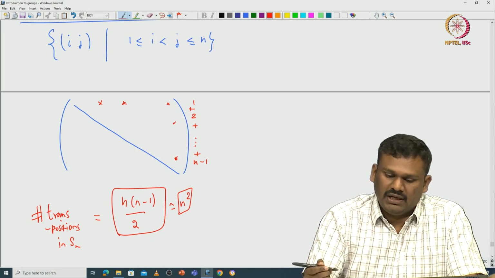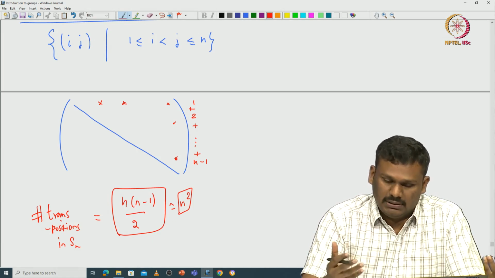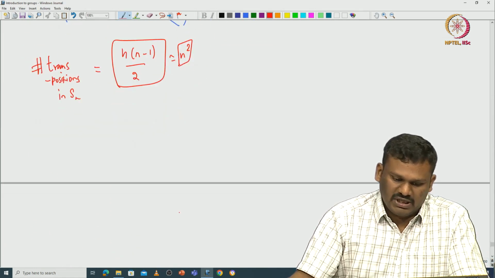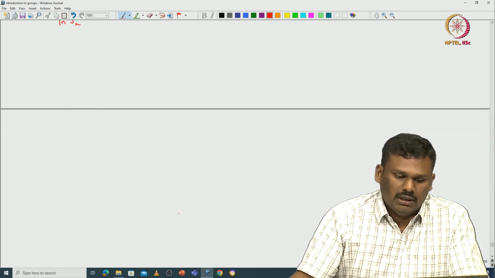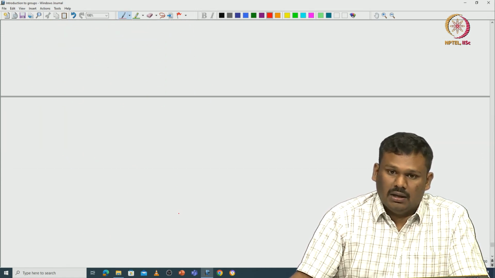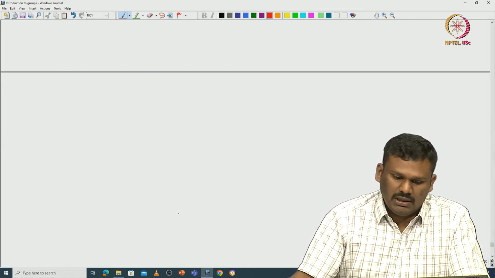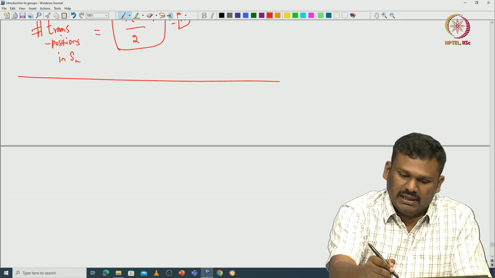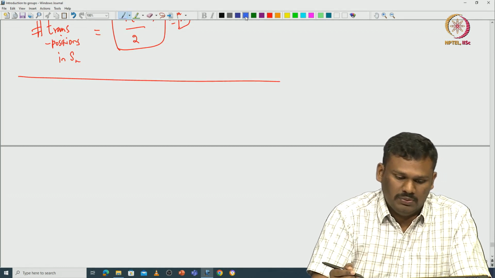So, we can ask, is there any smaller set of generators? One can actually prove that there is this special set of transpositions called adjacent transpositions or simple transpositions. I would like to call them simple transpositions. That also will generate the group Sn.